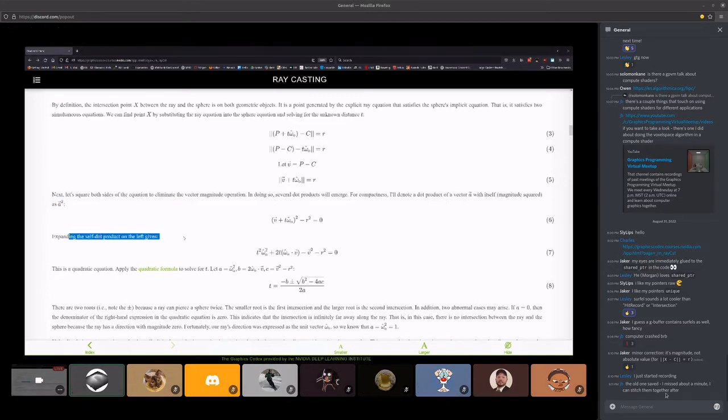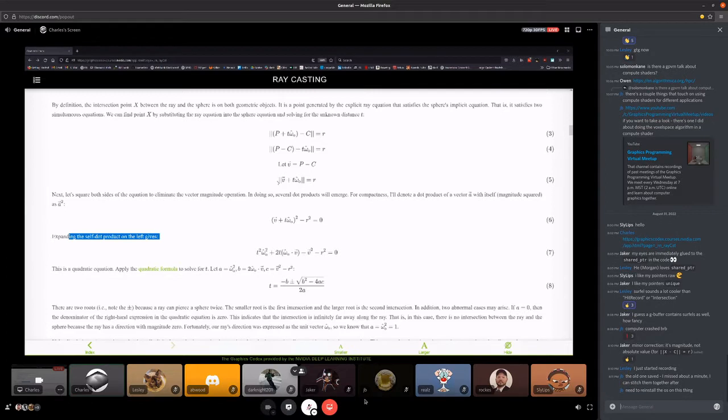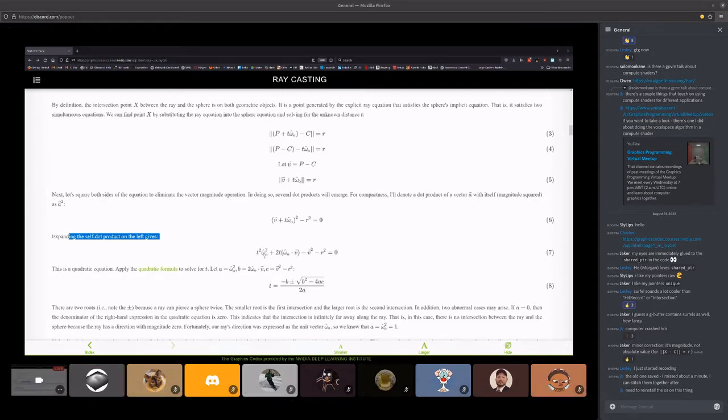Expanding the dot product, the self dot product. Oh yeah, I guess that works. I've never thought about expanding a function with vectors in it like this. Or maybe I have and I just forgot. I guess this is a quadratic.